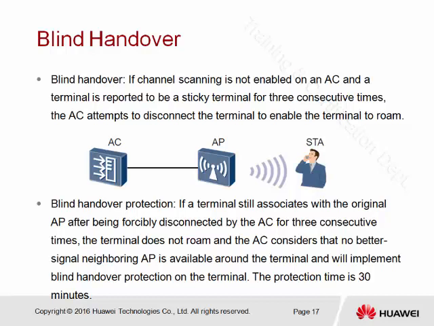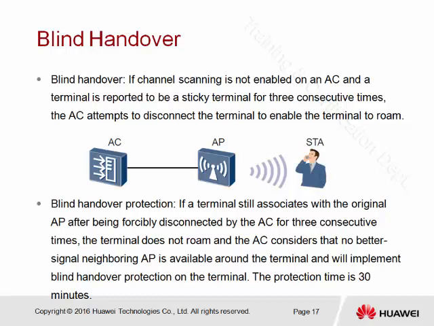This is the blind handover, as I explained earlier. So the AC will try to force the current connected AP to de-associate with the SDA. When the SDA loses the connection to the current AP, of course it will try to find another AP that can provide the same service to the current terminal.